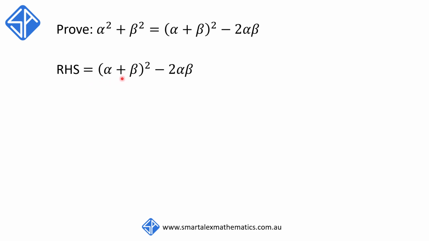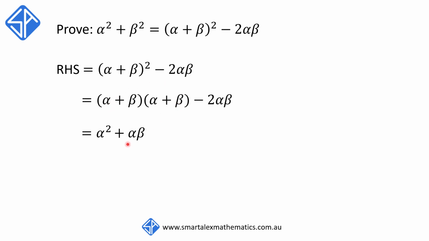First, we're going to expand alpha plus beta all squared. That's alpha plus beta times alpha plus beta. The minus 2 alpha beta just comes down and stays on the right-hand side here. When we expand this, alpha times alpha is going to give us alpha squared. Alpha times beta is going to give us a plus alpha beta. And beta times alpha is also going to give us another alpha beta. And beta times beta is going to give us a plus beta squared.